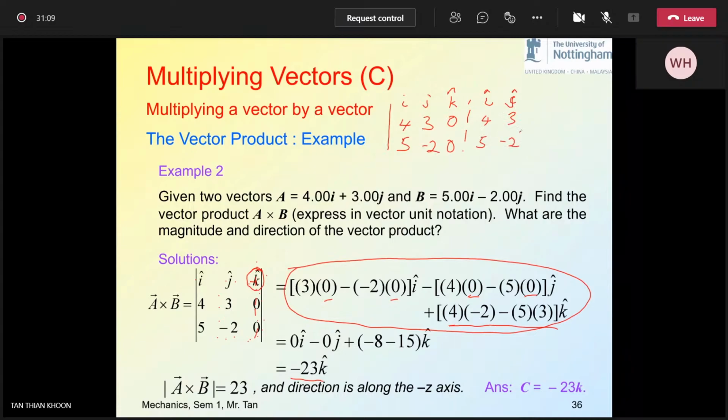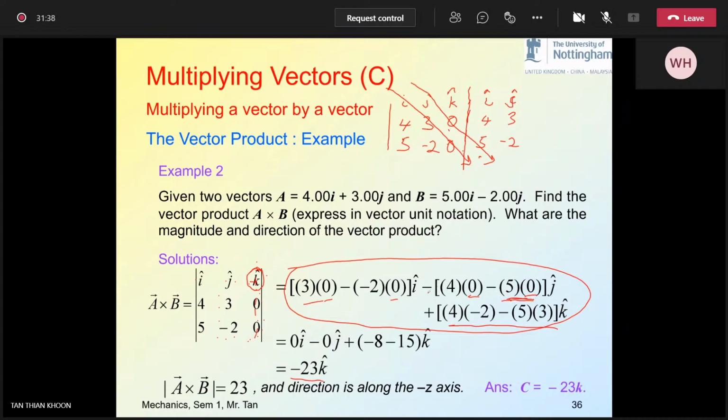You can see that for I, this is what you have. It's going through 0, that is this one, 3, 0. And for J, you have 0 and 5.